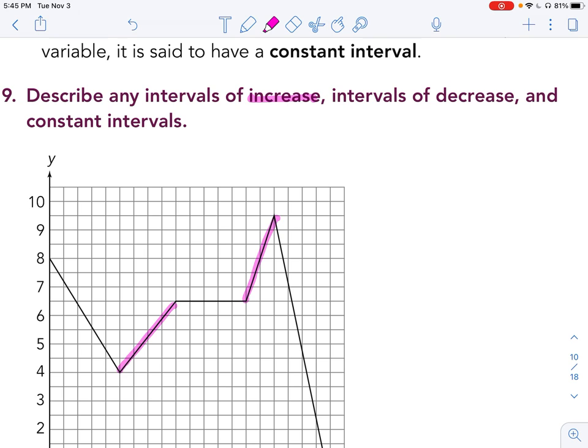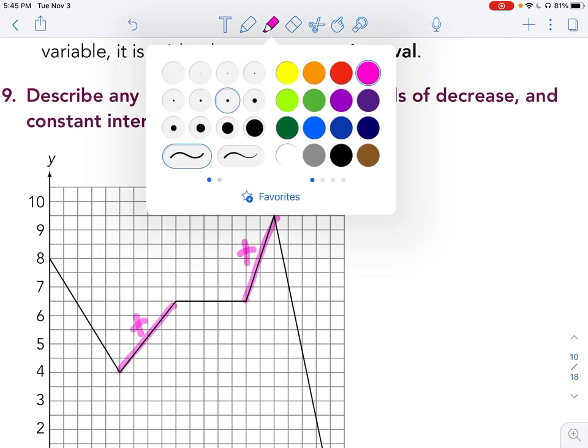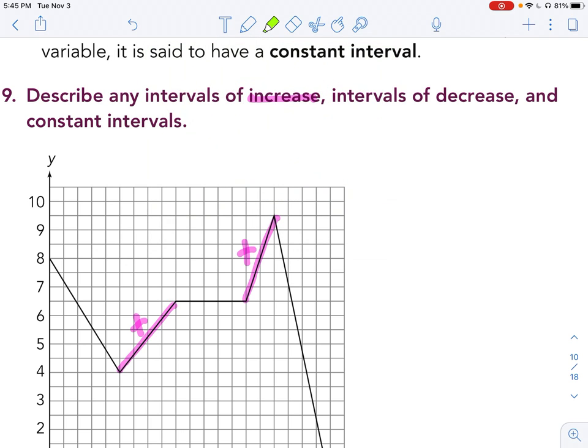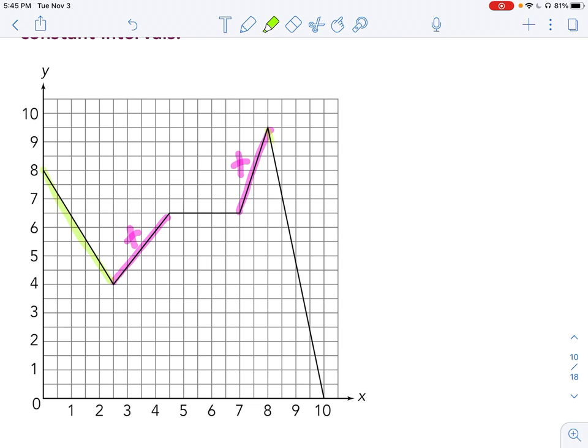Those are the increasing with positive slopes. Okay, the intervals of decrease. That means it's going down, or the y values are getting smaller as the x values are getting bigger. Okay, so those are negative slopes.